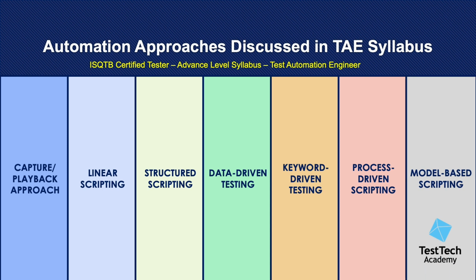Each approach has its own advantages and challenges, impacting factors like adaptability, maintainability, and complexity. Understanding these automation approaches is essential for test automation engineers to make informed decisions based on project requirements and constraints.